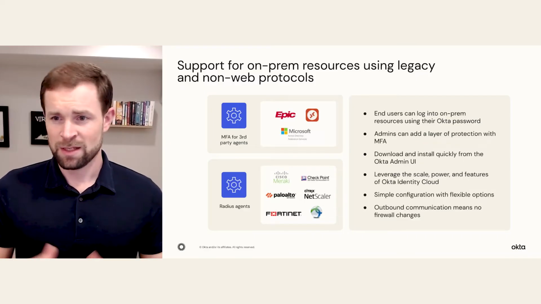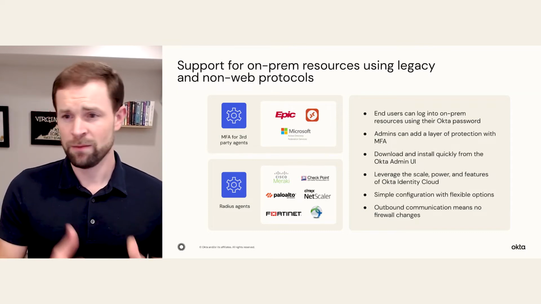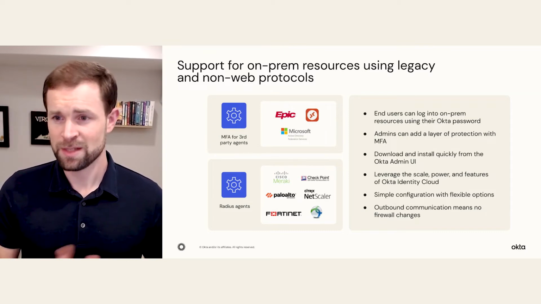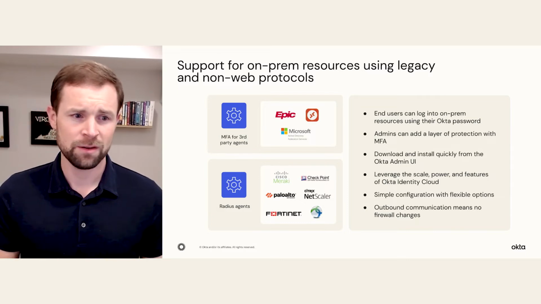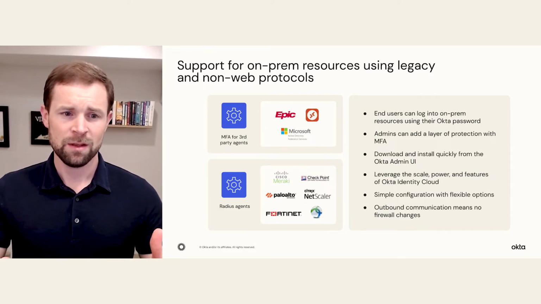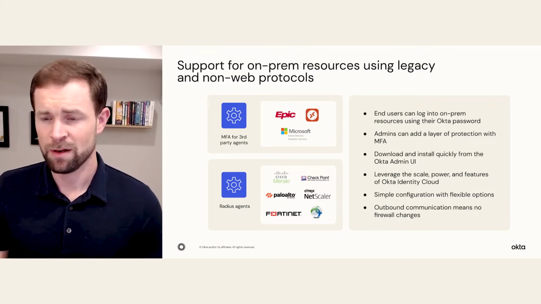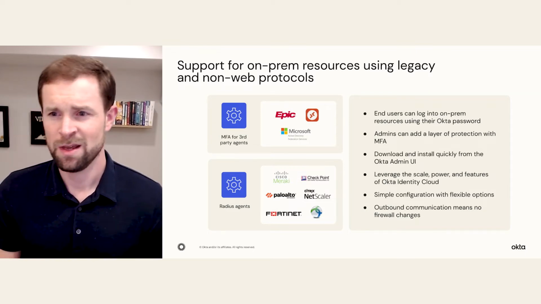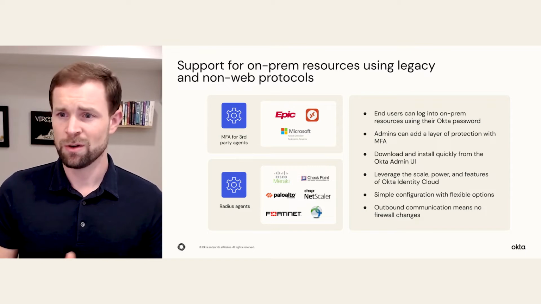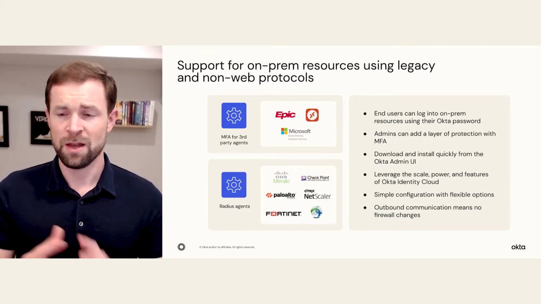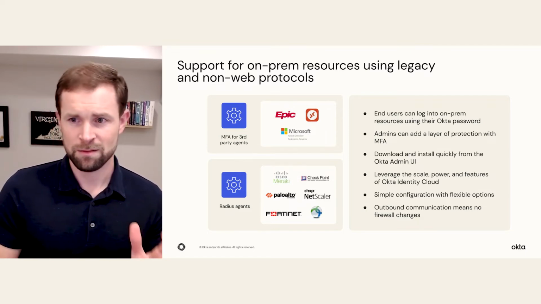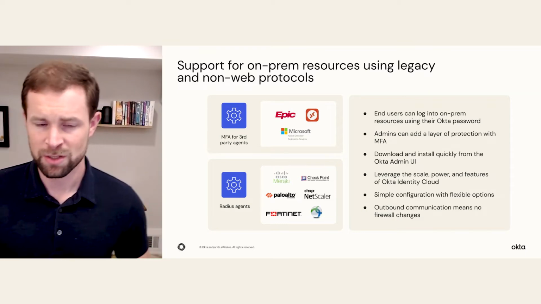And so that really expands out the resources that we're able to support. In that case, we get to benefit from a standard, which is RADIUS. And then there are other cases where there are just some behemoth applications out there that we want to support because so many of our customers have these applications. And so we build either bespoke or other maybe non-standard, but based on common patterns, type integrations.